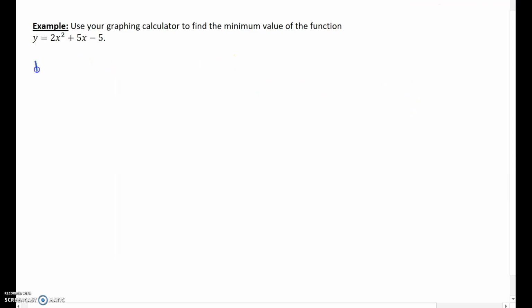Okay, so the minimum value equals negative 8.125.